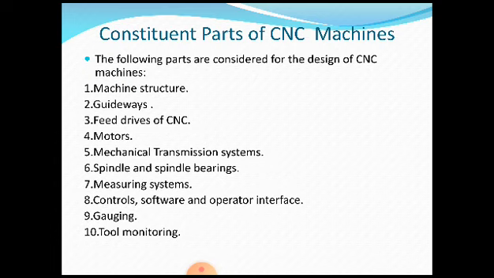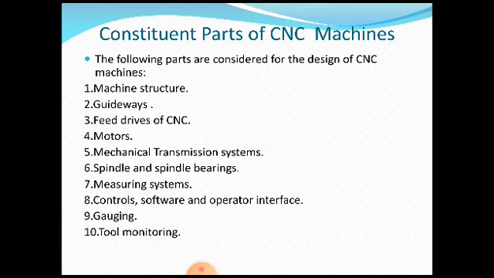Whatever the enlisted parts are, I'll be reading them out and bringing you awareness that these are the important parts used for the design of CNC machines. The first one is machine structure, which is very, very important. This machine structure you can compare with your lathe bed.